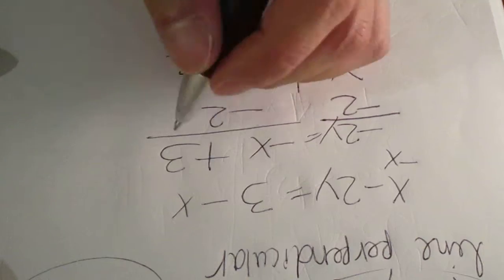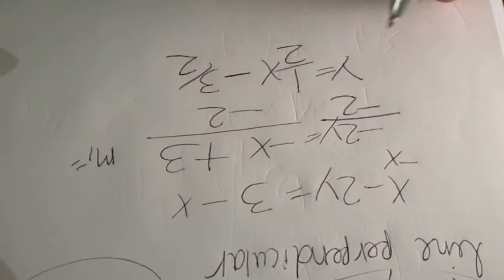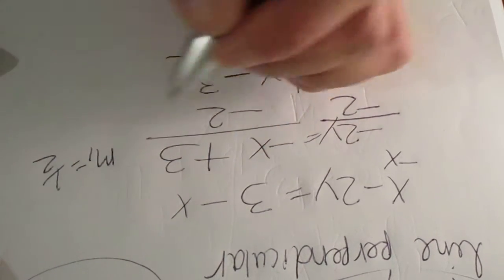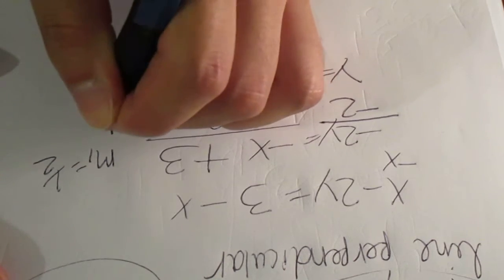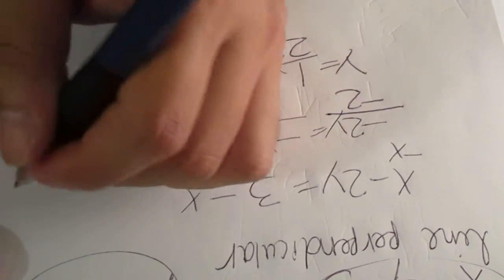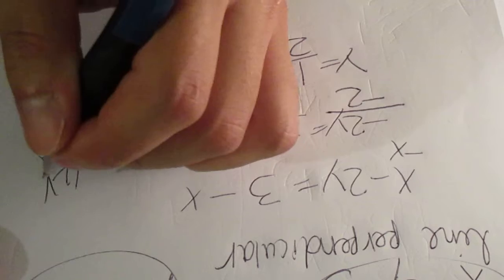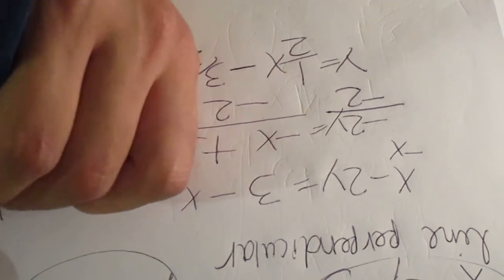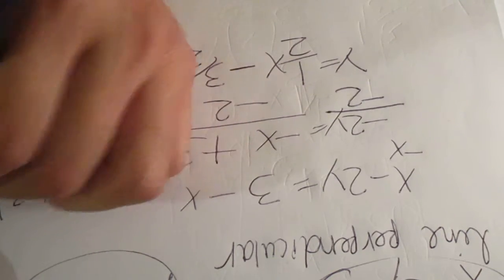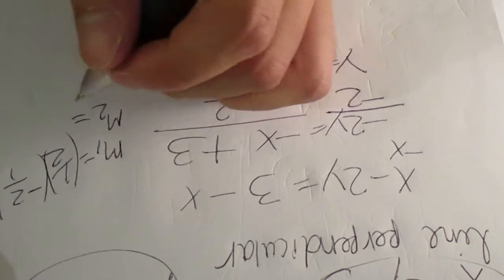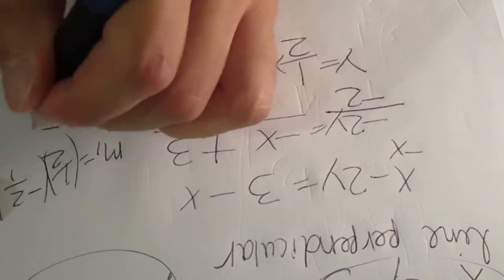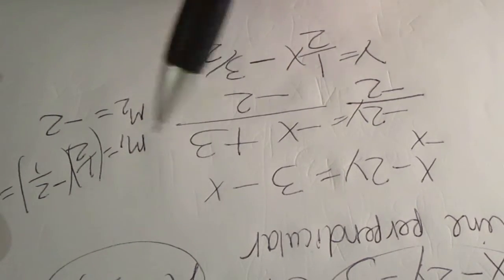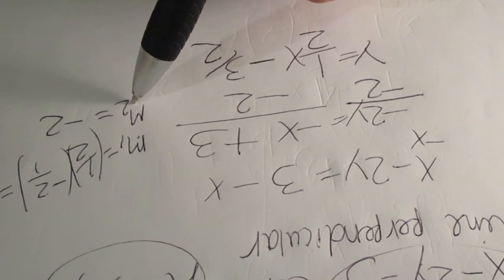So m1 is 1/2, right? So what would m2 be? Remember, it would have to be -2 over 1, so m2 has to be -2, right? Because when you multiply m1 and m2, it should equal -1, right?